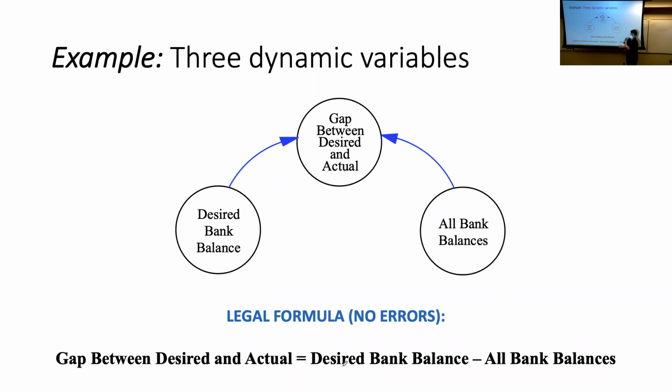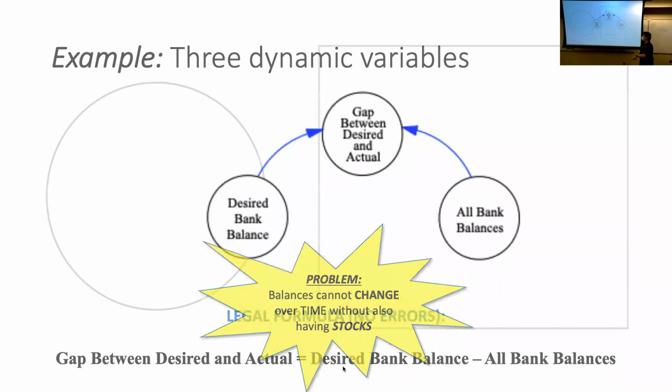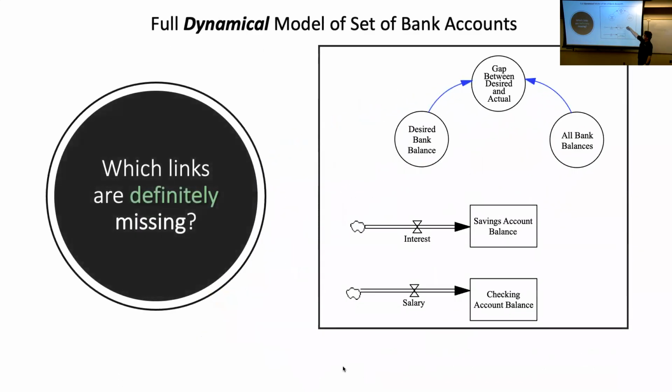Now, this isn't a dynamical model of a bank because I have no stocks. You can't have things change over time unless you have stocks. So I'm going to put stocks into my model. The two stocks that I'm going to use are the amount of money in my savings account and the amount of money in my checking account. So I can go up here, savings account balance and checking account balance. They're in boxes because they're stocks.